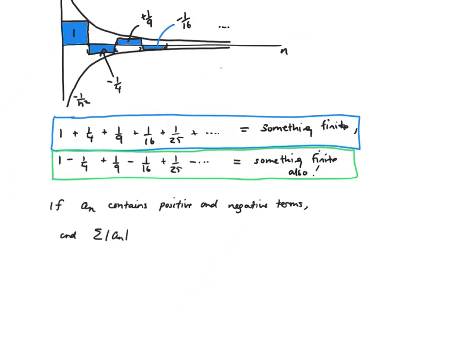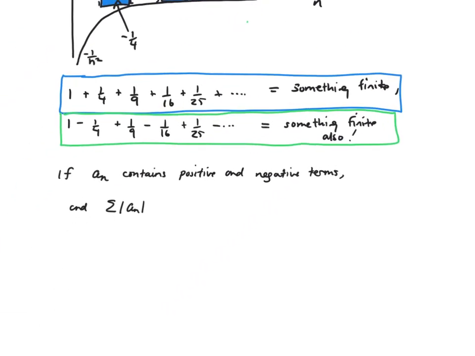Okay, so if the absolute value of your a_n gives you a series, and then that series converges, so does the series that contains both positive and negative terms. And it's all back to this fact that the cancellation effect makes it easier to converge in some sense.